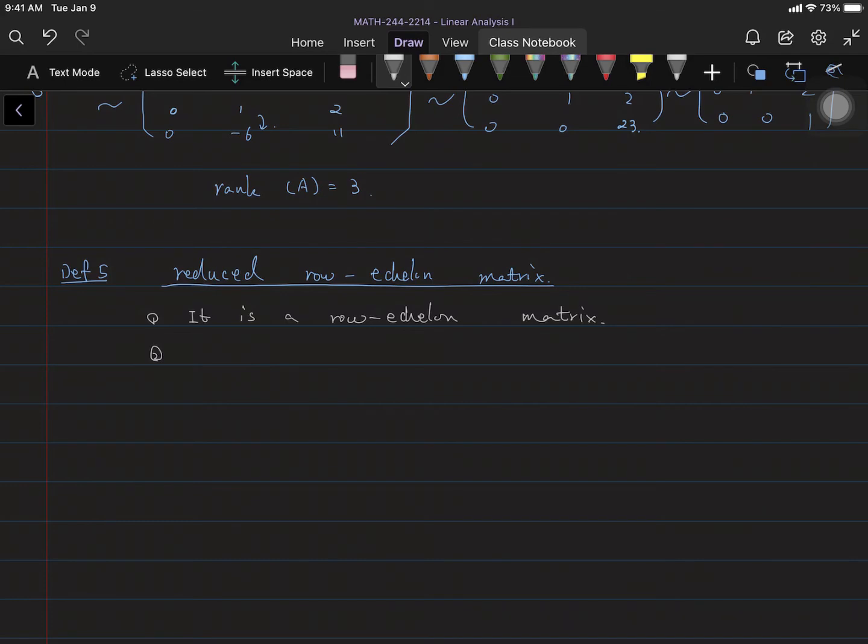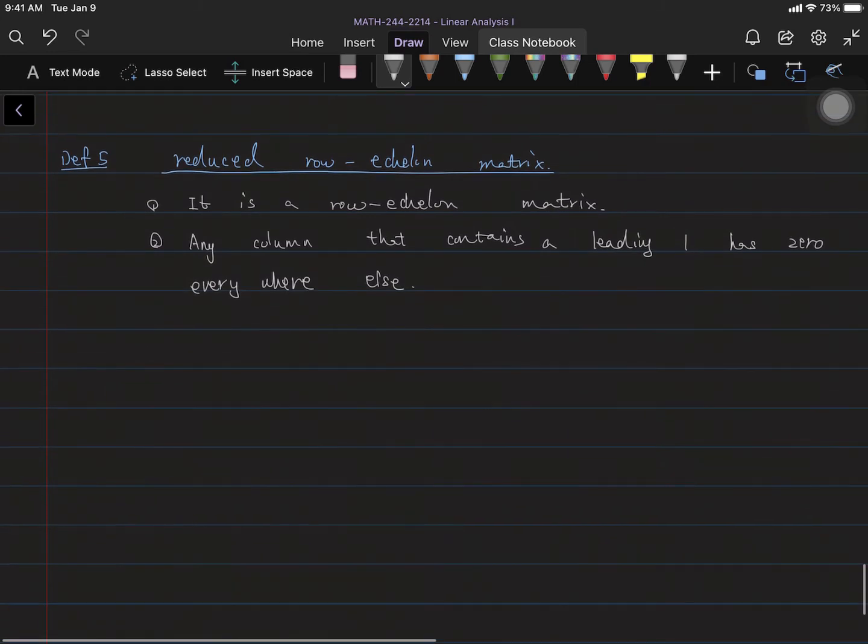Next, any column that contains a leading one has 0 everywhere else. Let's take a look at some examples here.